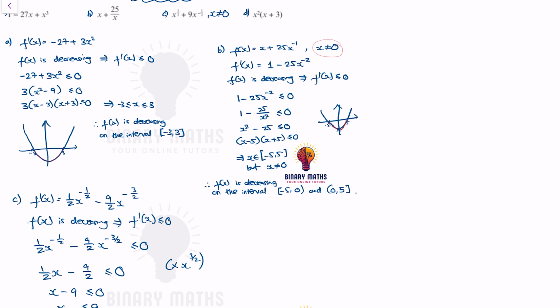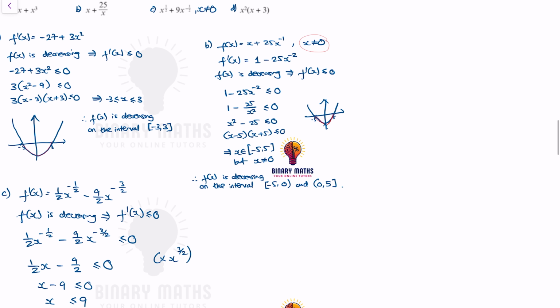So if I go back to the original function, because x to the half means square root of x plus 9 over square root of x. X can also not be negative, so x has to be greater than 0. So x cannot be 0, but also cannot be less than 0 because we're taking square roots.